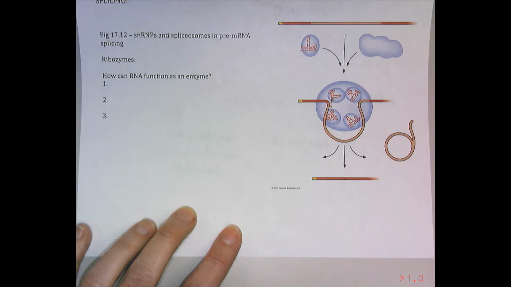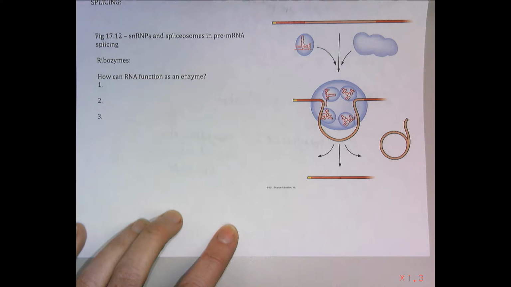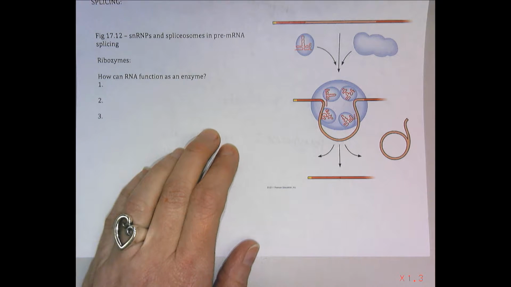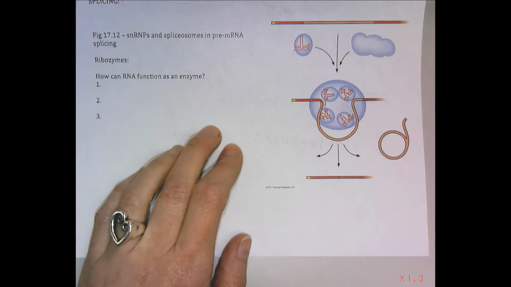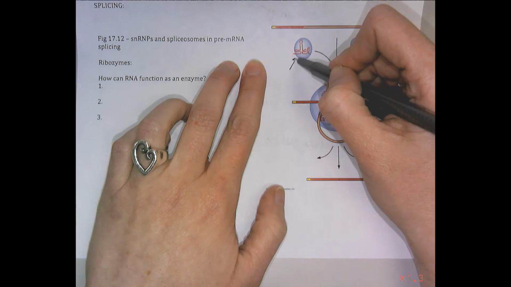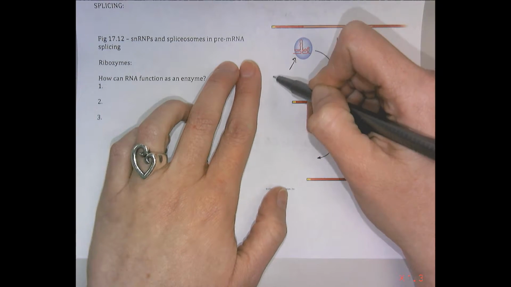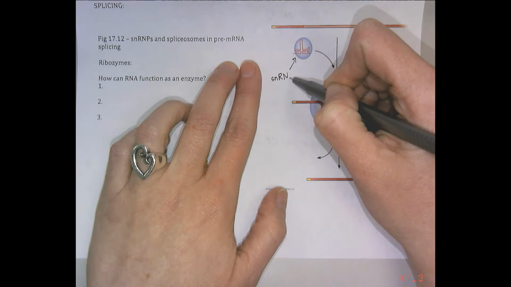Whoever came up with the naming conventions for these things was really not very creative, but that's all right. So spliceosomes are responsible for splicing, and really what's happening here is that the spliceosome is incorporating several other kinds of RNAs. We call them small nuclear RNAs.